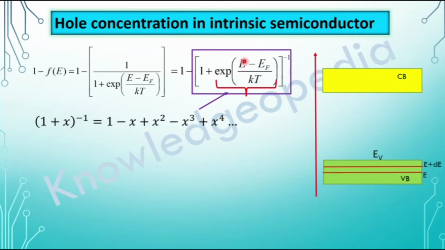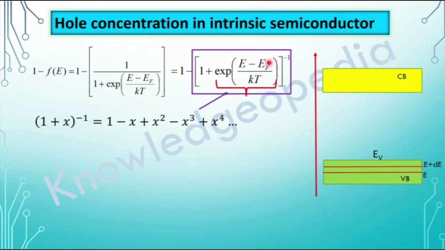In this term, what is this E? This E is the energy of the state where we are finding the holes, and those states lie below EV. And what is EF? This is our Fermi energy, and the Fermi energy lies somewhere between the conduction band and valence band. So if here lies the Fermi energy and the energy E lies below EV, that means E is always less than EF.